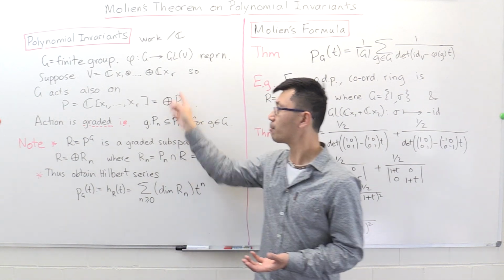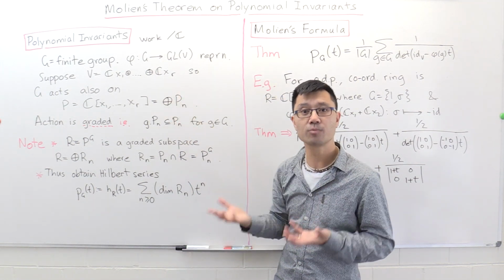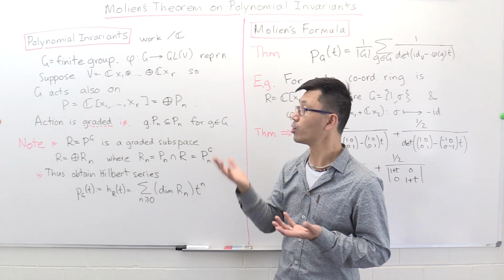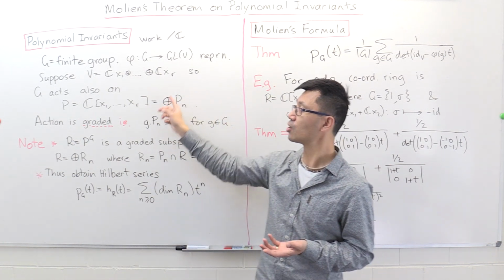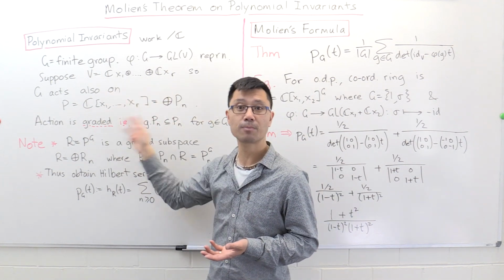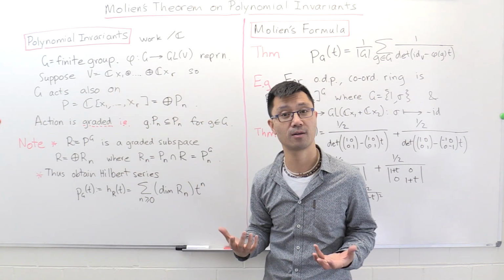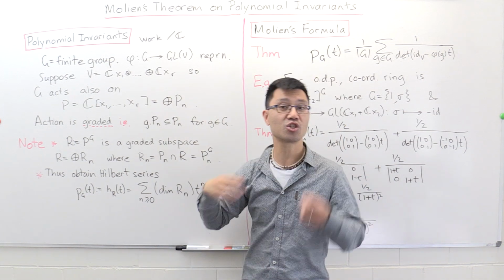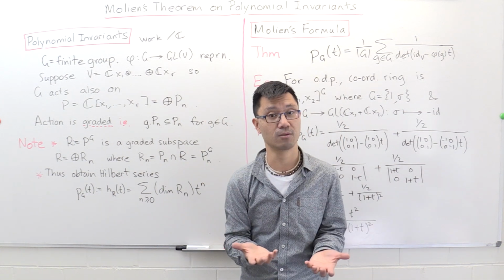So the nth piece Pn just consists of those linear combinations of terms which have degree n. You have this direct sum decomposition, and that makes this a graded vector space and in fact a graded algebra. That's the setting you need when you want to talk about Hilbert series.